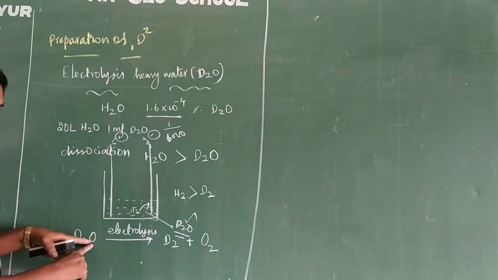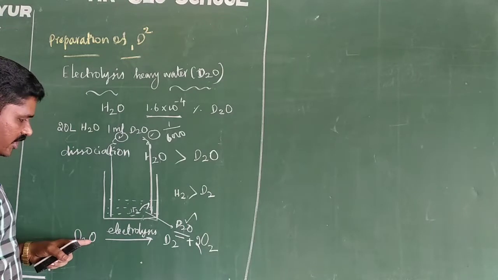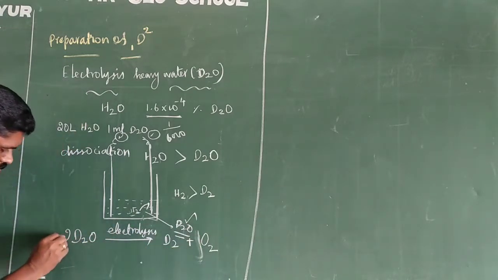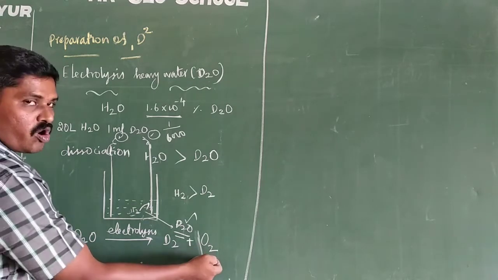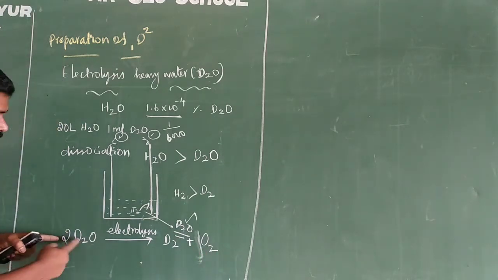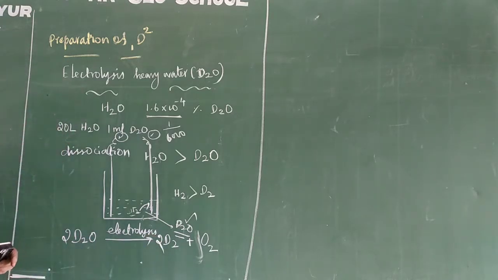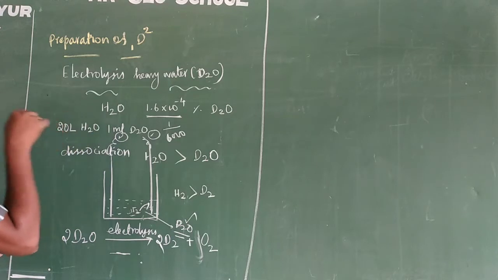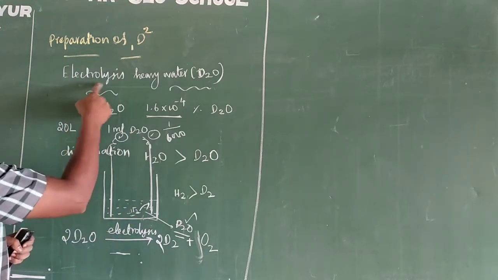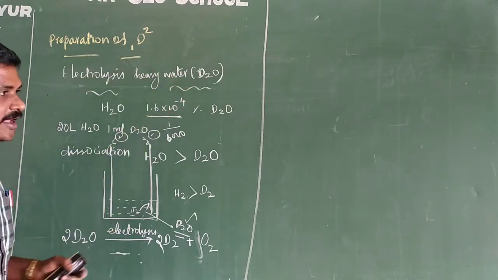Right? How many oxygen? In the product side 2 oxygen, in the reactant side 1 oxygen. So 2. How many deuterium? 4. So 4. Right? So deuterium is prepared by the electrolysis of heavy water.